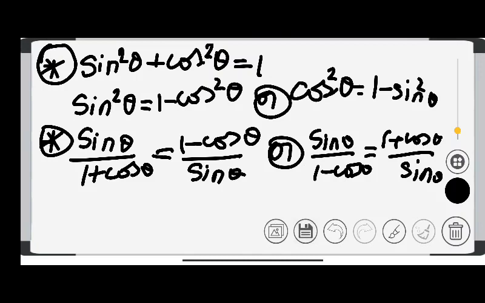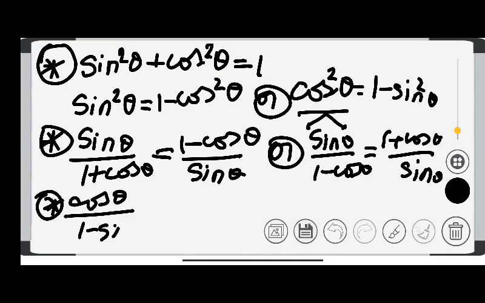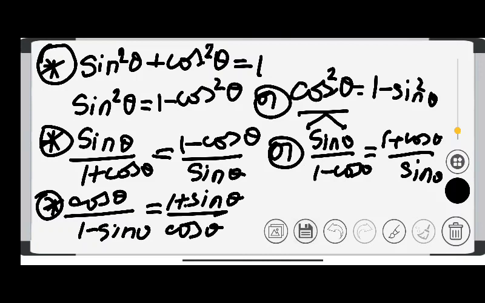In the same way you can do this one also. If I take cos theta here, then 1 minus sine will be here and 1 plus sine will be here, and cos will be here. If you are unable to understand, see part 1, then you will be able to understand this one.